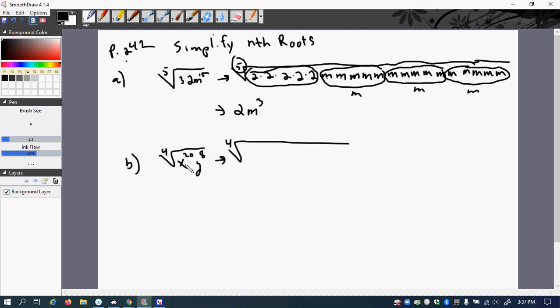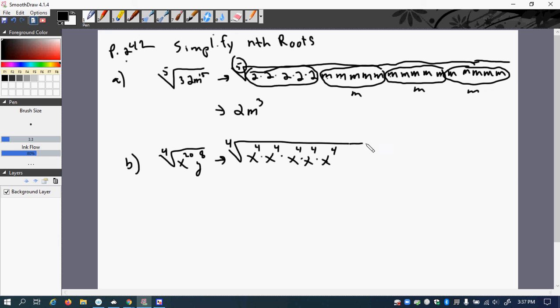Since I know that 4 divides into 20 5 times, there is x to the 4th times x to the 4th times x to the 4th, because that's 4, that's 8, that's 12, x to the 4th, that's 16, x to the 4th. You notice there's 1, 2, 3, 4, 5, and each one of these is an x coming out.